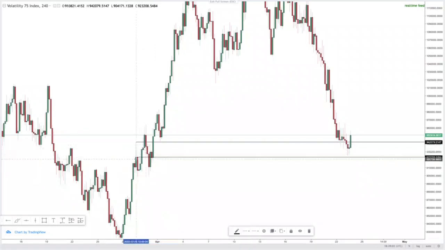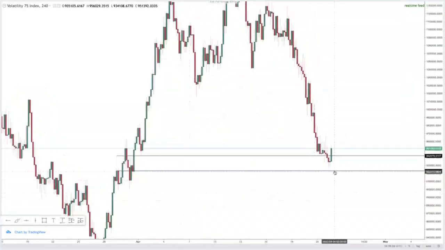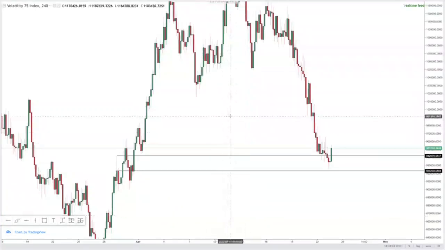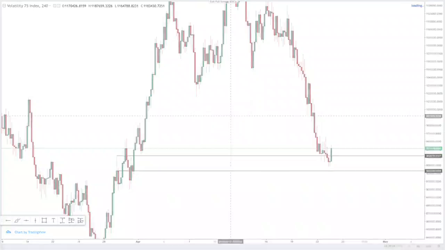So we'll place our boundaries. You're allowed to place boundaries even if it's a hidden invalidation on any structure in a higher time frame. You can use the same method. Okay, so in the 4-hour time frame, I will drop to the 1-hour time frame.